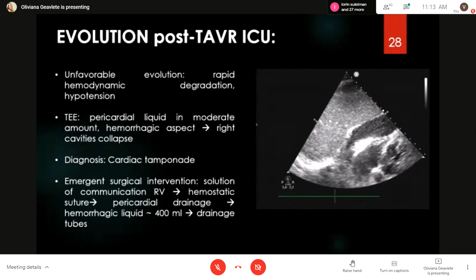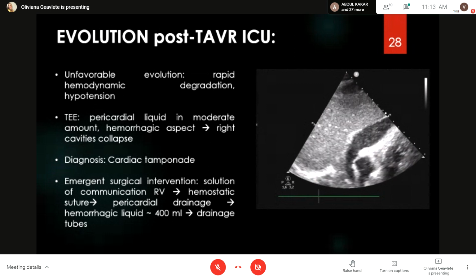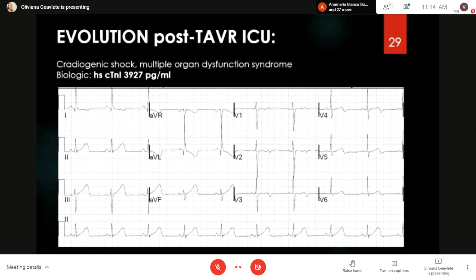And we decided this is clinically and echocardiographically cardiac tamponade, and an emergent intervention was needed with pericardial drainage, and then some tubes were left inside to maintain the drainage for longer hours.